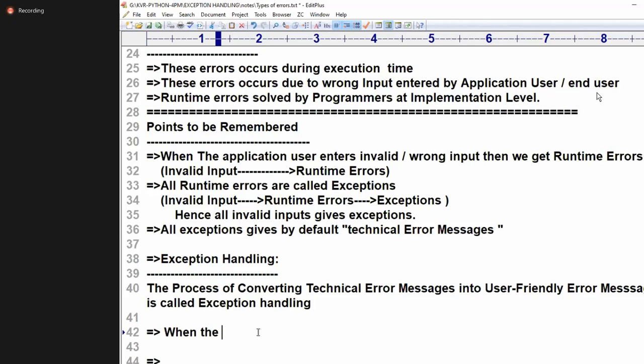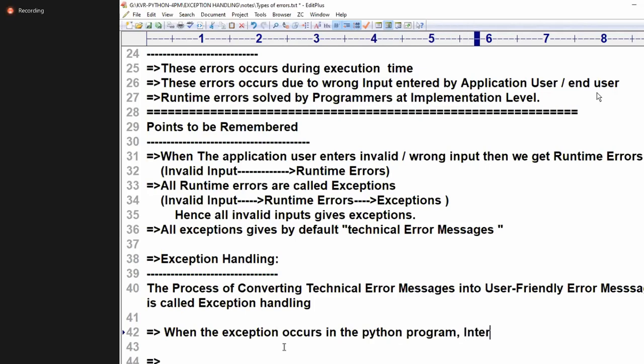When an exception occurs in a Java program, Python program, .NET program, whatever it is, do you know what is happening? Three steps take place internally.